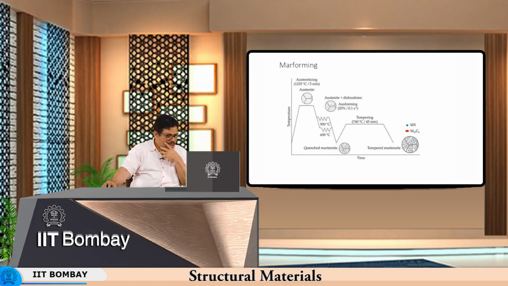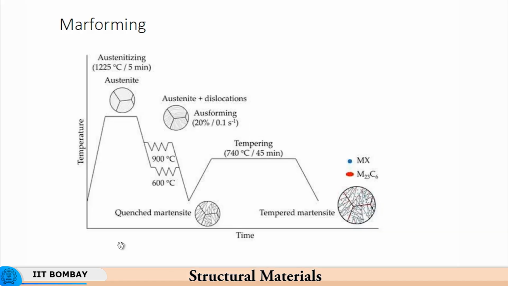Mar forming is another thing which we saw, where instead of holding the material at a particular temperature, one could work the material, increasing the dislocation density, and therefore increasing the distribution. The martensite would nucleate at different locations and therefore gets uniformly spread. So, fine martensite would be generated as a result of this Mar forming.